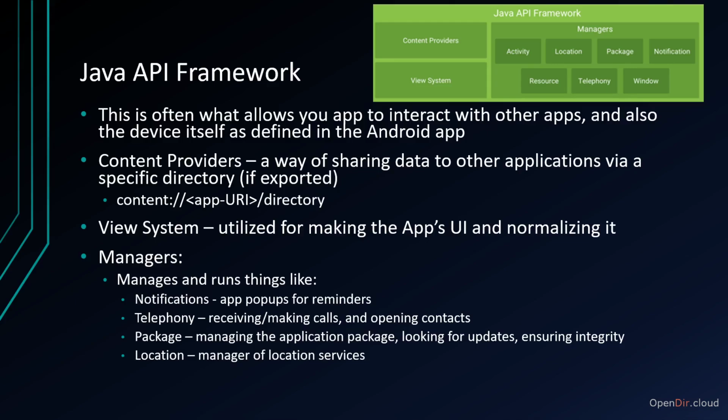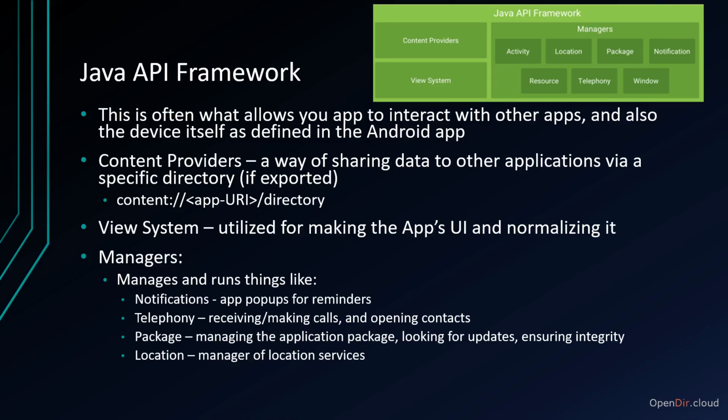The view system in the Java API framework is used for making the app's UI and normalizing it across the phone. We also have managers that are going to be running things in the background, such as our notifications. Maybe your application pops up a reminder when your appointment is due or you need to go and do something, right? Allows for telephony, making and receiving calls. Package management.